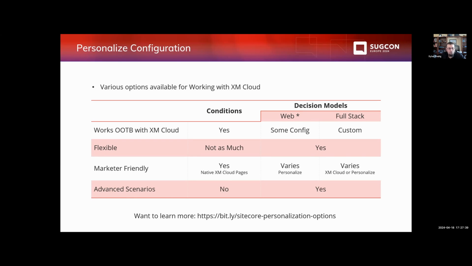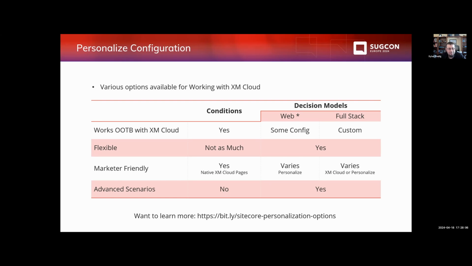Or there's another approach called a full stack interactive experience. It can vary in how complex that is to implement. There's some work we've been doing to come up with a best practice for implementing that, but it requires development to use a full stack interactive experience.